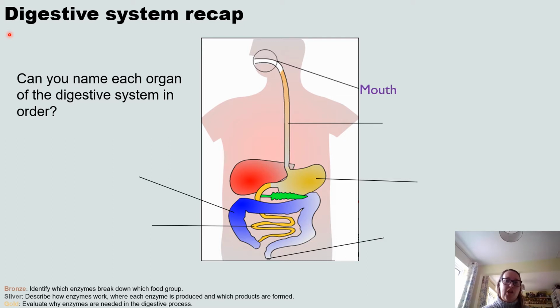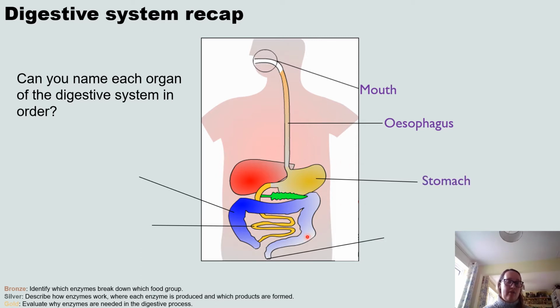Okay, so the first one is the mouth, because that is where your food enters, and then it goes down, and this pipe here is called the esophagus. It's spelled differently in American English, so be very careful that it's actually got an O in it for us. So you've got the mouth down to the esophagus, and this extended bag is the stomach.